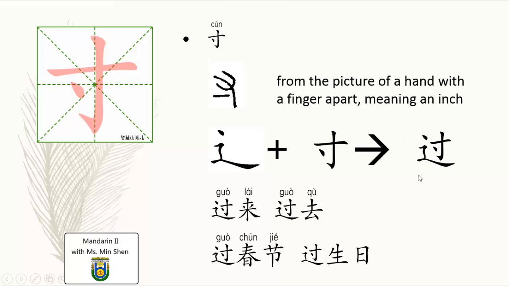So this is the character of pass. You only need to go beyond a little bit to pass something, right? So some expressions: 过来 come over, right? Pass over. 过去 go pass, go through, but getting further away. 过春节 celebrate Spring Festival. 过生日 celebrate birthday.